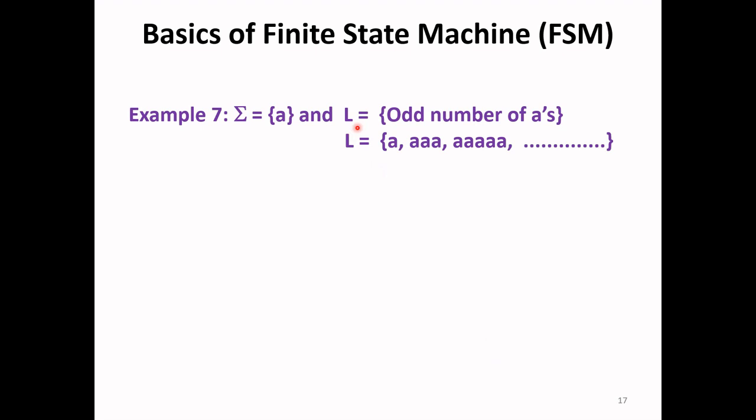Similarly, if I go for defining a language having an odd number of A's, then how do you design the finite state machine? Odd number of A's, the possible strings in the language are 1A, 3 A's, 5 A's and so on. At that time, can the initial state be the final state?